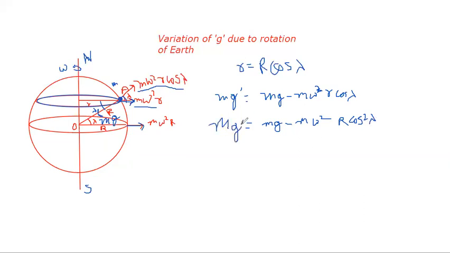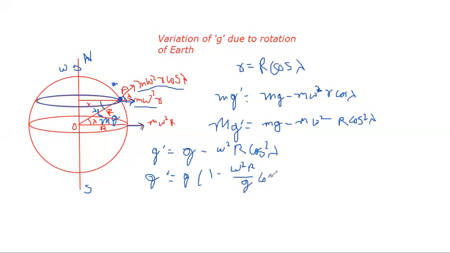So what is g dash? g dash now becomes g minus omega square R cos square lambda, or g dash is equal to g, take it as common, 1 minus omega square R by g cos square lambda.